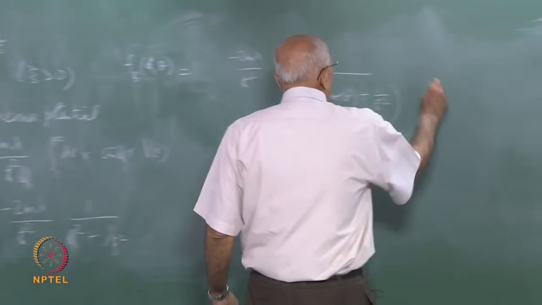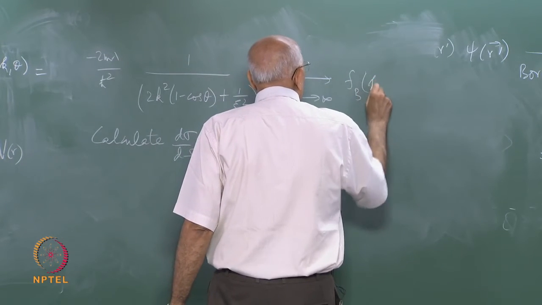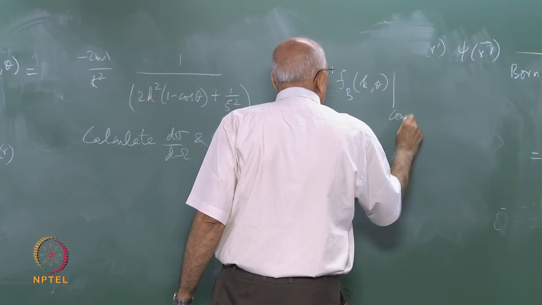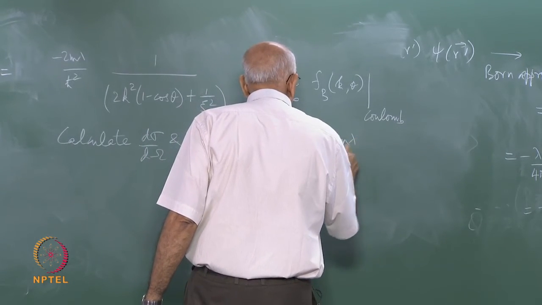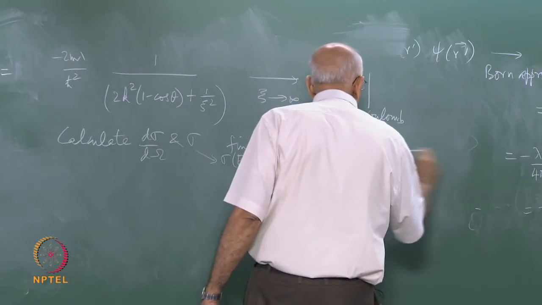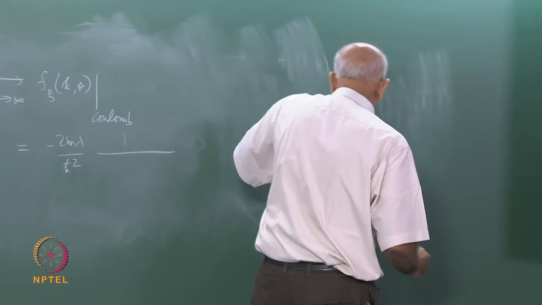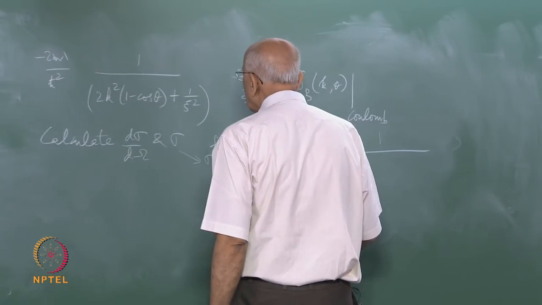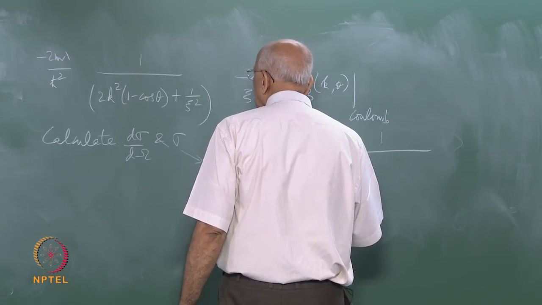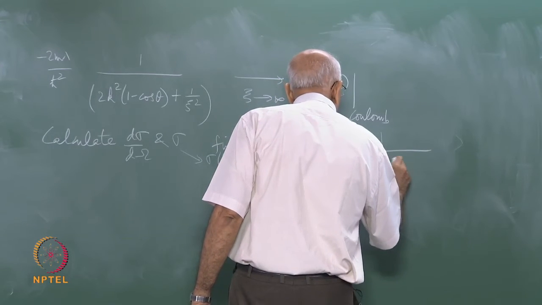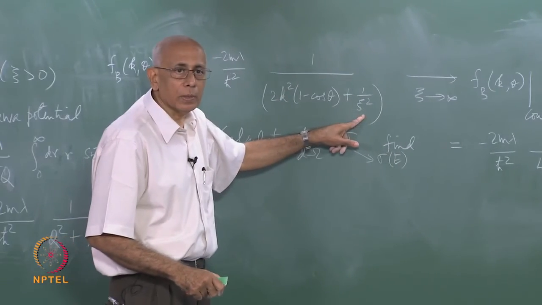So as xi goes to infinity, f Born of k, theta for the Coulomb potential, what is that equal to? That is minus 2m lambda over h cross squared, 1 over, let us put all these in, and then you have a 2k squared, so that gives you a 4 k squared sine squared theta over 2, and this is 0 out here.